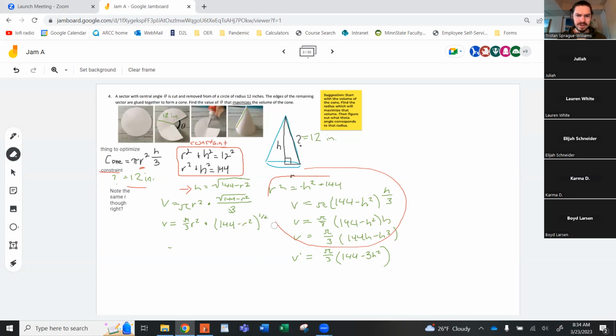Now we've got some interesting things happening over here where we tried setting up the volume as a function of R on the one hand. On the left over here, this was setting up volume as a function of R. But now what we're trying on the right side is setting up volume as a function of H, which I think ends up being a little easier because it doesn't involve that square root.